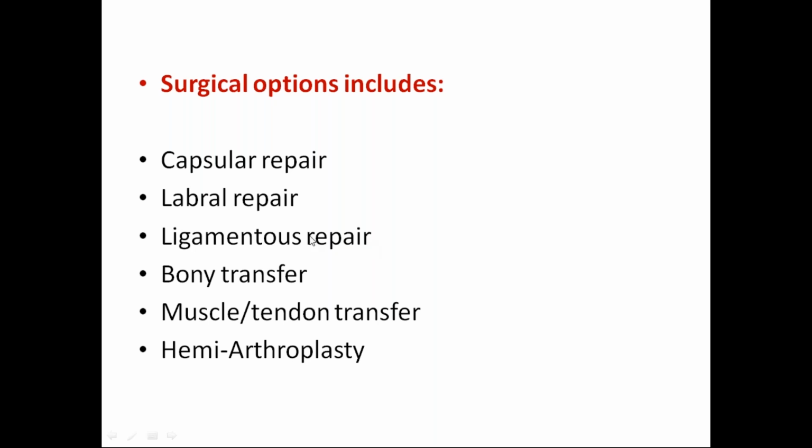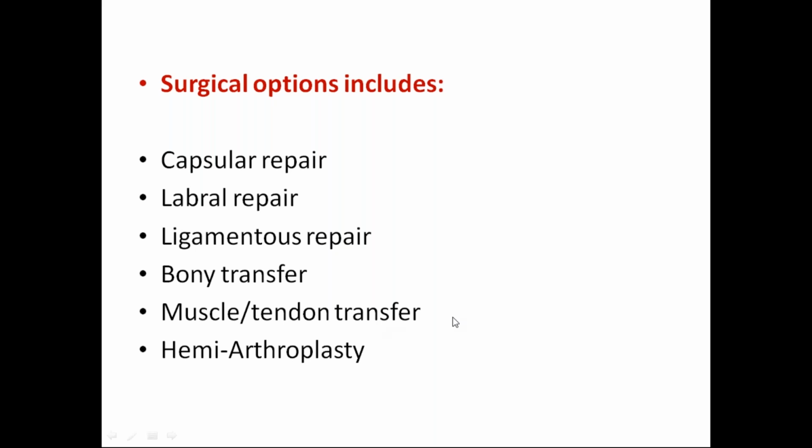And another one is ligamentous repair. Another one is bony transfer. Bony transfer, one of the procedures known as Latarjet procedure, is mainly used in anterior dislocation of the shoulder. So here the coracoid process is placed in front of the glenoid cavity so that it prevents recurrent anterior dislocation.